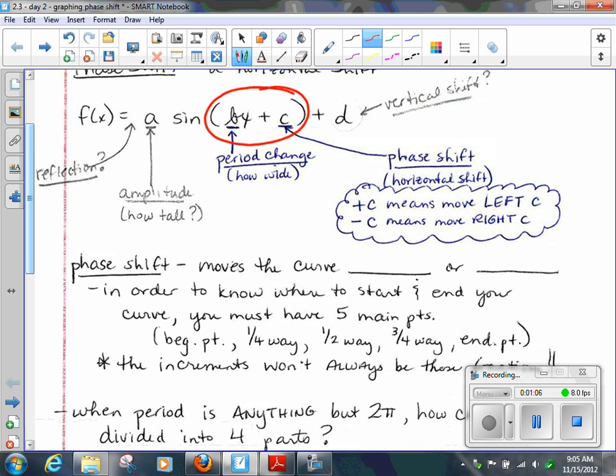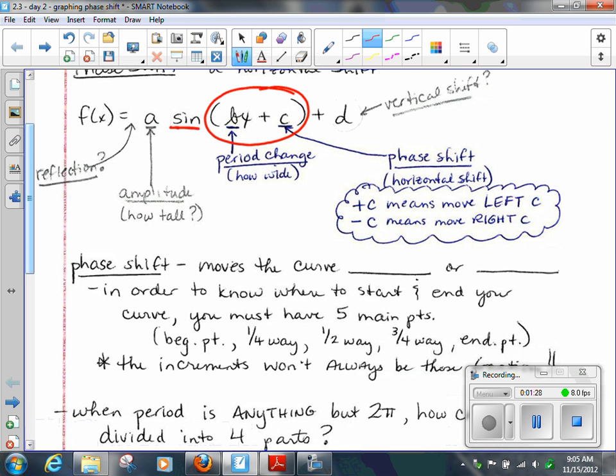Up until now, this could have been positive or negative to show the reflection. Our coefficient in front of our trig function is the amplitude, meaning how high and how low above or below the oscillation line the curve is going to fall.